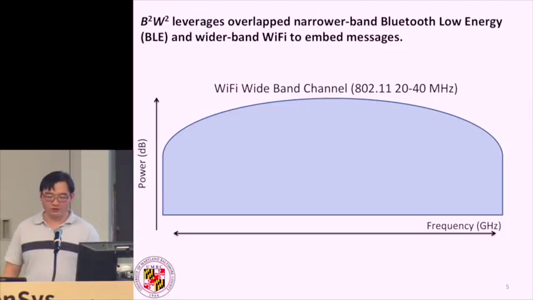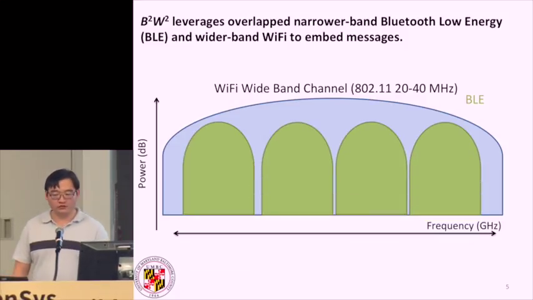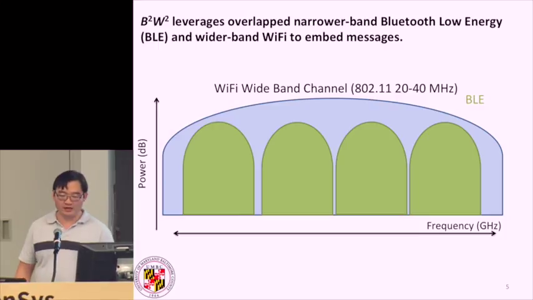So I will make a couple of observations. This is your standard Wi-Fi channel. It's a wideband channel. I think nowadays it goes to 80 megahertz. We just want to make an illustration. This is your standard Wi-Fi, which spans multiple frequencies, and you have the ability to transmit at different power. We also want to make the observation that BLE, Bluetooth Low Energy, uses the same band as Wi-Fi.